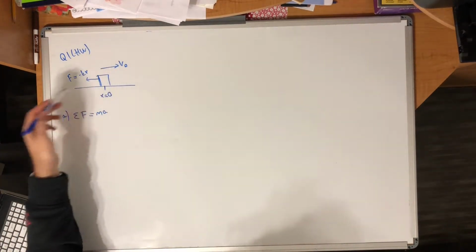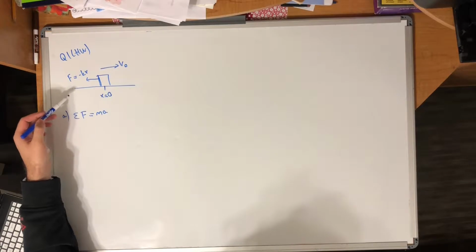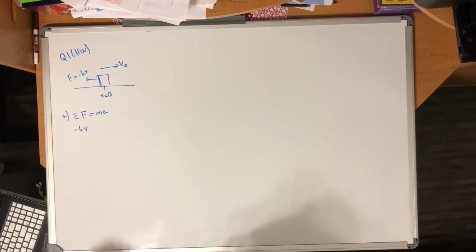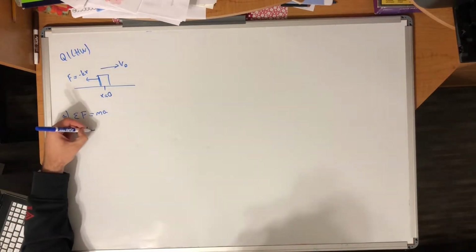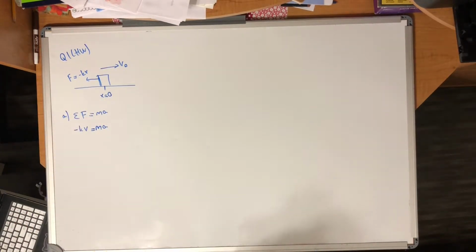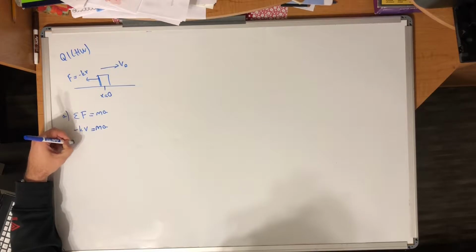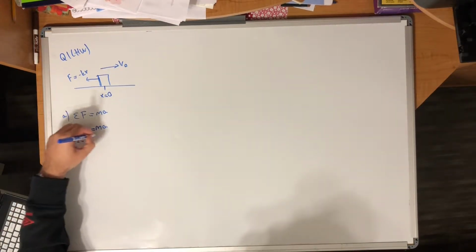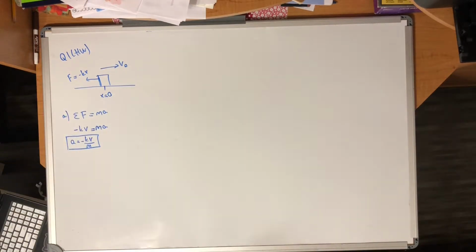They don't say anything about friction on the surface, so the only force acting on the object is kV, and that's equal to mass times acceleration. Then my acceleration will become negative kV over m. So that is basically part A.